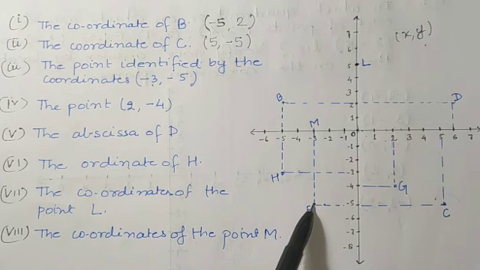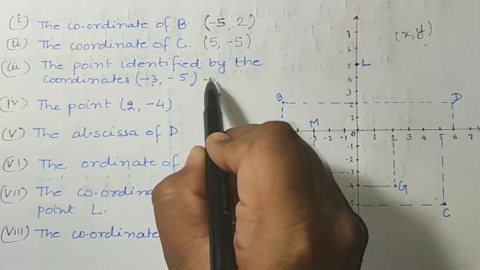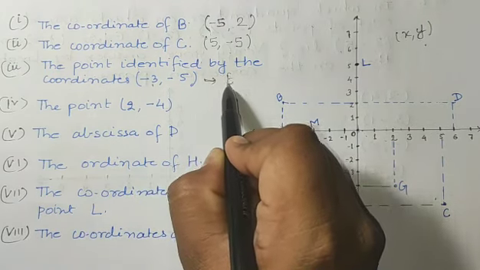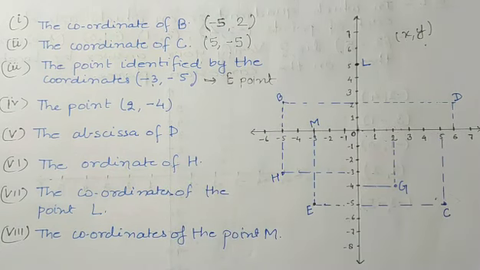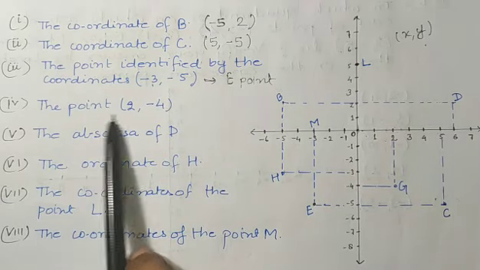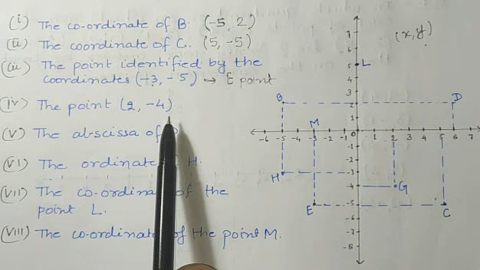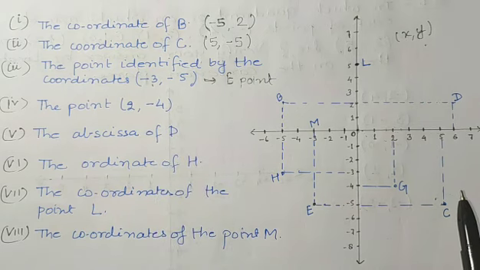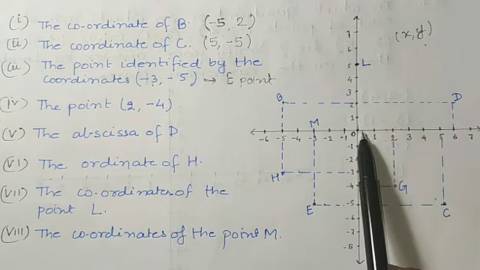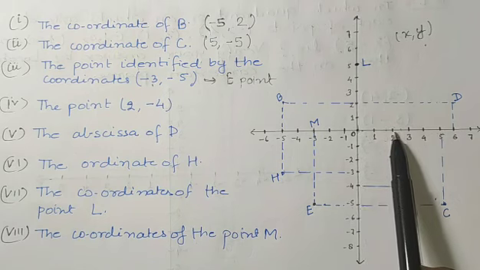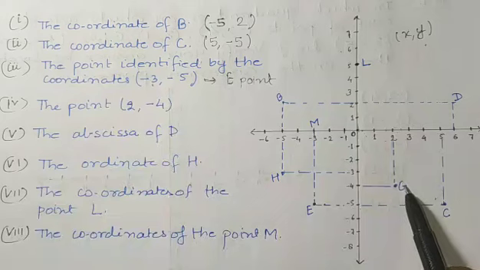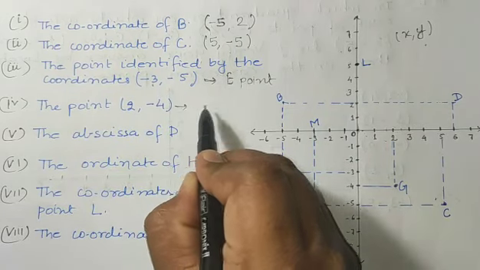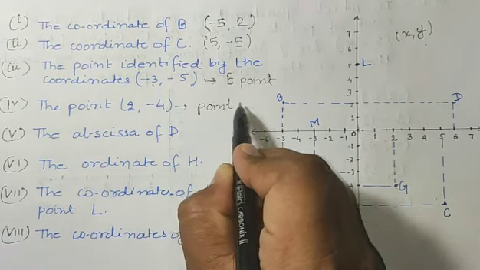At (-3, -5) E is there, so we will write point E. Same question is the fourth part, (2, -4). We have to see where in the figure (2, -4) is. Towards the x-axis 2 units are there, towards the y-axis -4 units are there. So we have reached point G. So the answer is point G.